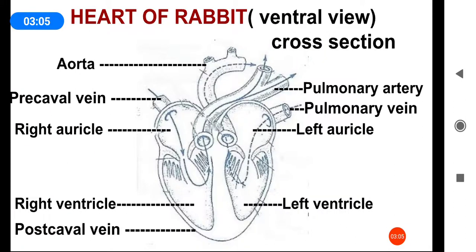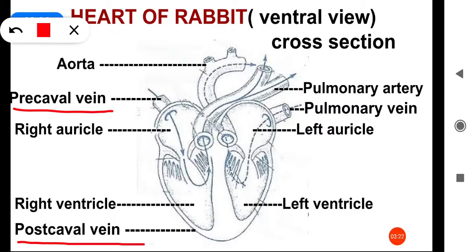Now let us see how the blood circulation takes place through the blood vessels. The right auricle receives deoxygenated blood through precaval vein and postcaval vein. So the blood from the body parts enters into the right auricle.